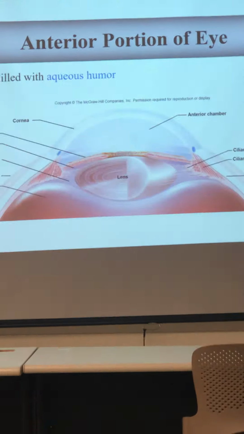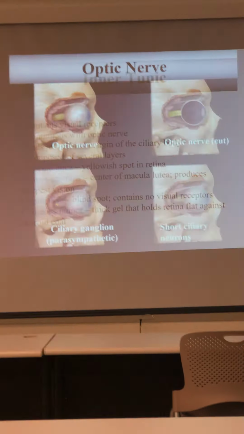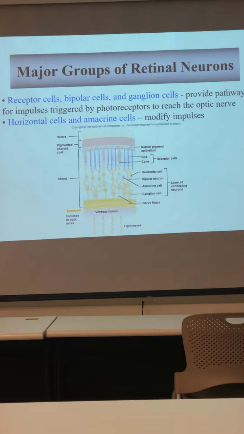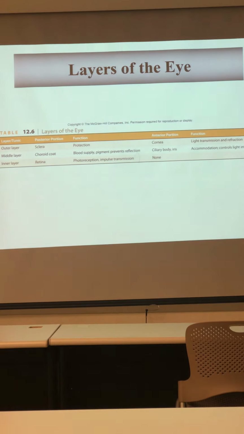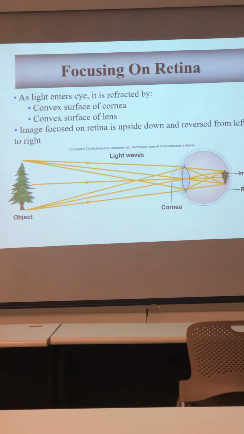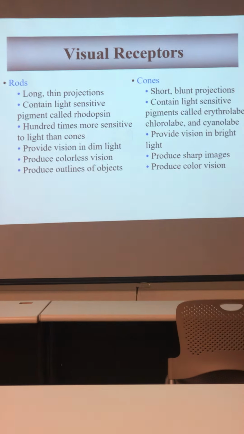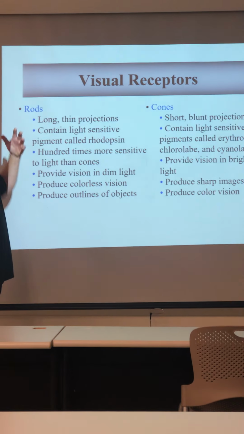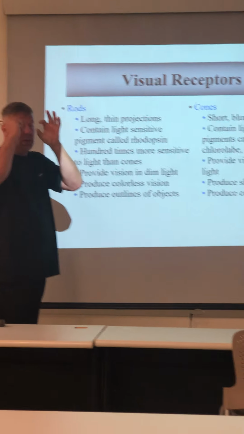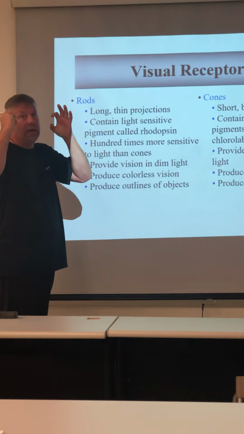All right, let's go on here. A couple more points that we're going to get out of this chapter. I want to try to keep this brief. We have the heart to go on, and that's going to be the biggest. So let's go all the way up to rods and cones. Rods give colorless vision, it's black and white. These are concentrated on the periphery of the retina.